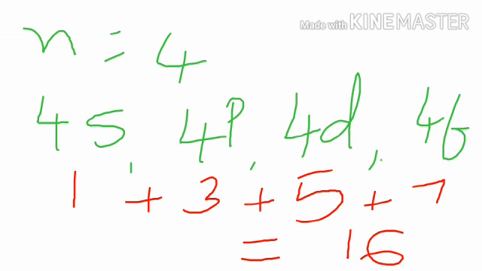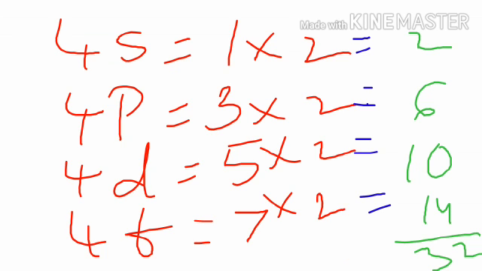And 4s has 1 orbital, 4p has 3 orbitals, 4d has 5 orbitals, 4f has 7 orbitals. Total are 16. That means as per formula the number of orbitals is equal to n square. Here n is equal to 4. 4 square means 16. 16 orbitals means 16 into 2, 32 electrons maximum.